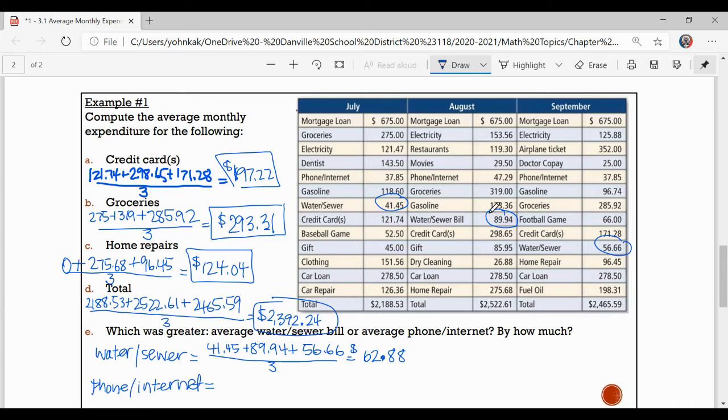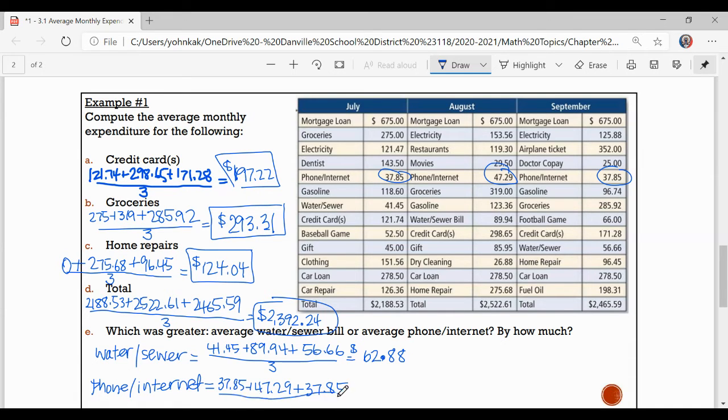Okay, if I want to do phone and internet, let's erase these. All right, phone and internet, $37.85, $47.29, $37.85. So $37.85 plus $47.29 plus $37.85.